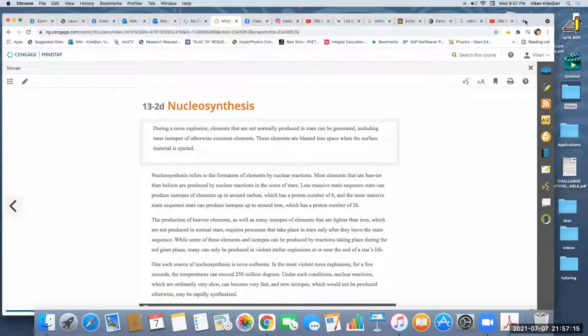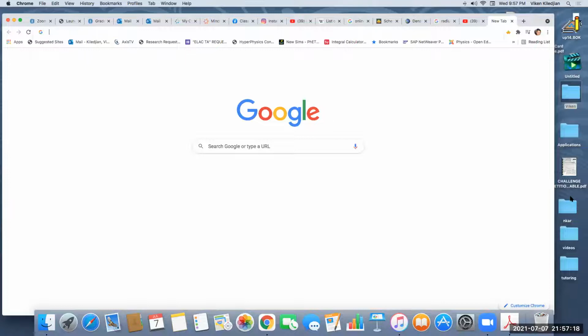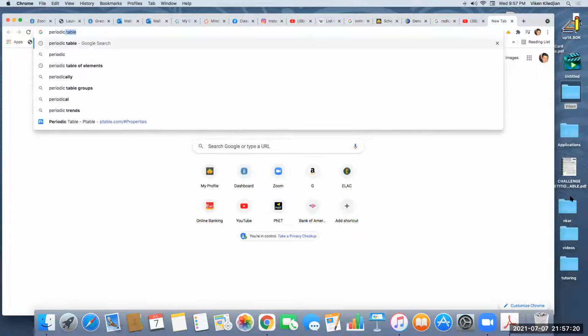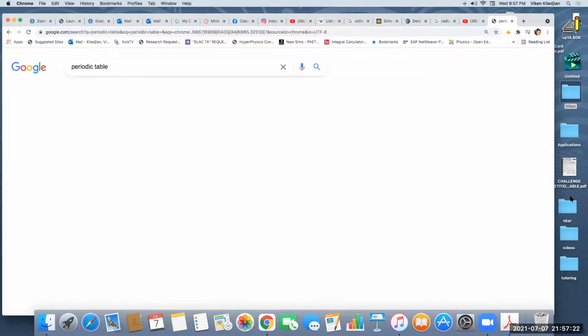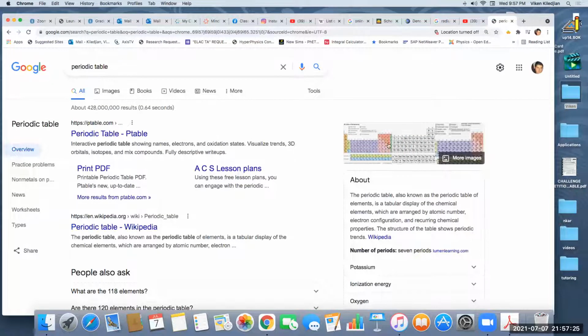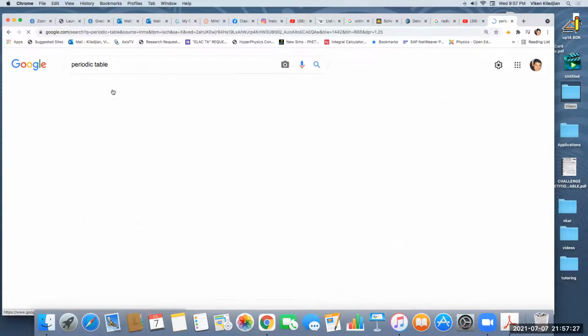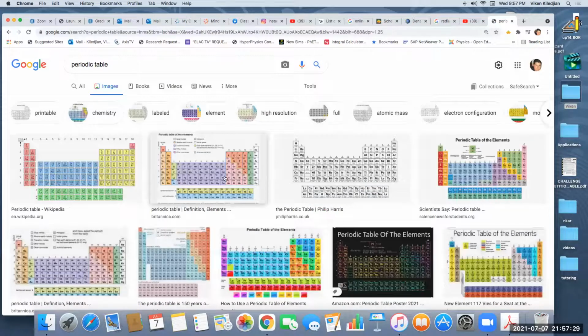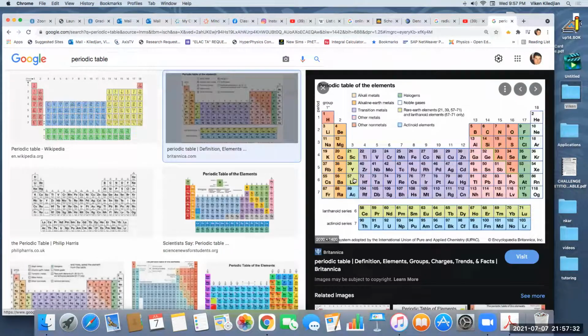So if we go to the periodic table of matter that we know, let's just take any old periodic table. It turns out that hydrogen and helium were formed in the Big Bang.